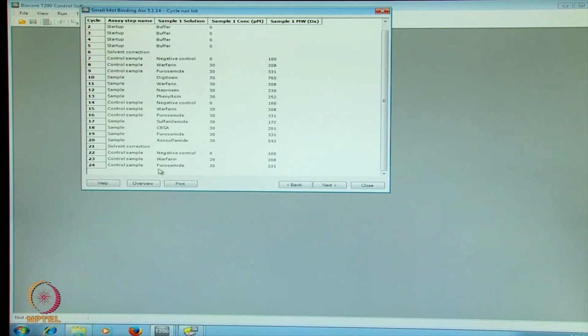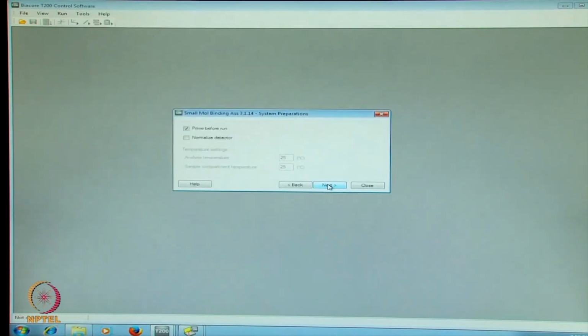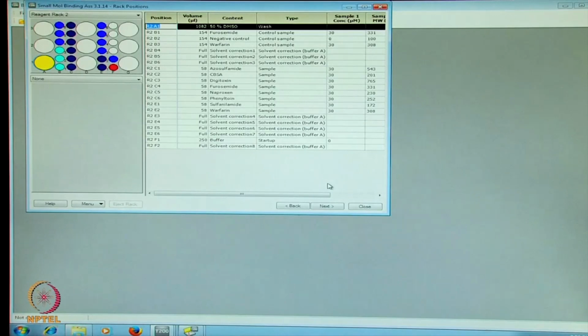And finally another round of control samples is injected. Once we are done with that, we highlight prime before run, and this is how we prepare the template for the experiments.